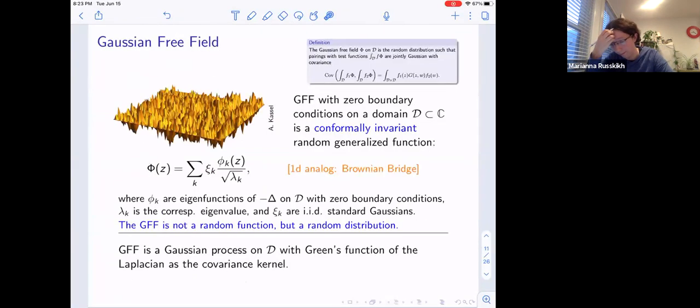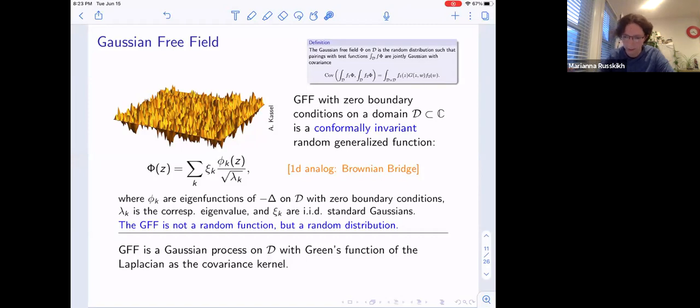And now let me say a few words about the Gaussian free field, and recall that we expect the fluctuations of the height function to converge to the Gaussian free field in some conformal structure. So what is the Gaussian free field? If you never heard about it before, you can just have in mind this picture, which is actually a simulation of a discrete Gaussian free field approximating a continuous one, and think about it as a two-dimensional analog of the Brownian bridge, which we just discussed.